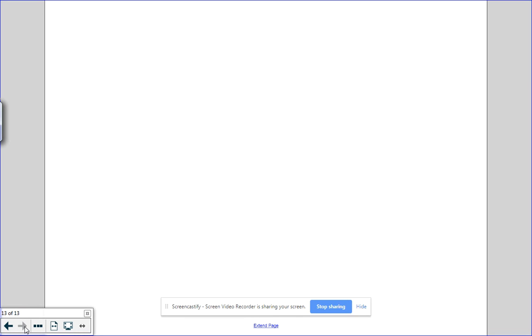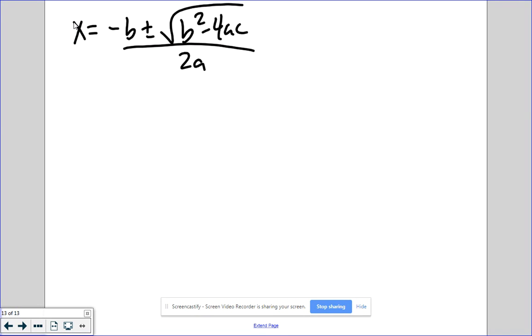So as the video showed us yesterday, this is the quadratic formula, correct? The part of this formula that is important to finding the number of roots is what's under the radical.